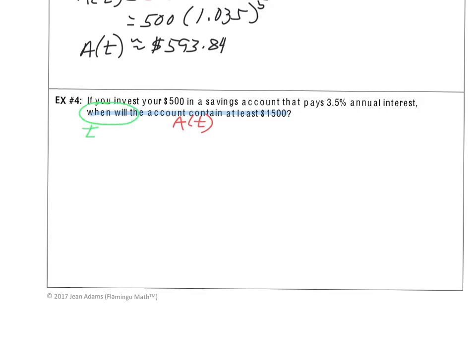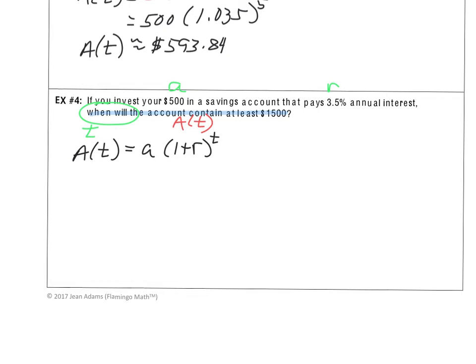That's our unknown. And so the $500 is still our A, and this is still our R. So in our formula here, A of t is equal to A times (1 plus R) to the t.